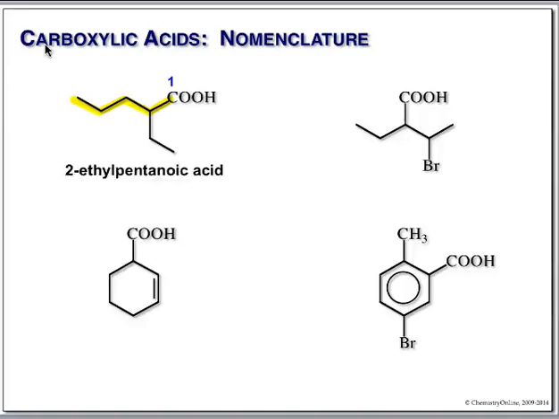Our next guy here, same sort of thing. This is going to be carbon number 1. And we're going to have 1, 2, 3, 4. We choose this one instead of this one, because this will give us 2 substituents. Remember, IUPAC likes substituents. So this is a 1, 2, 3, 4. That's a butanoic acid.